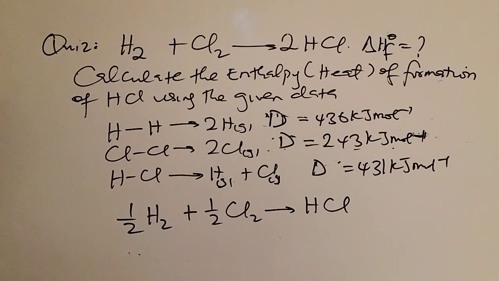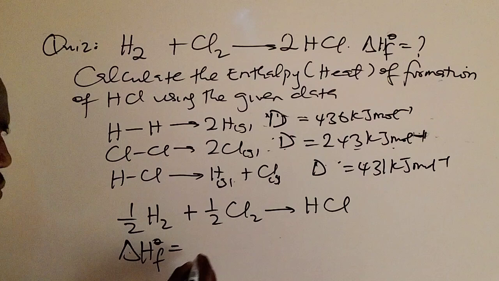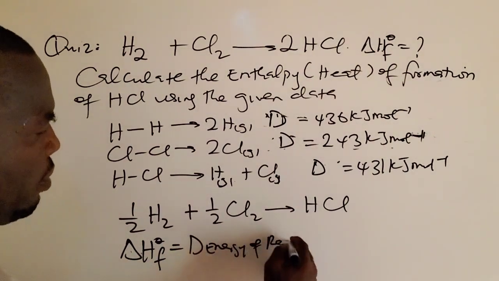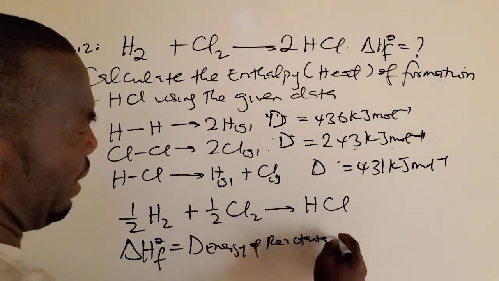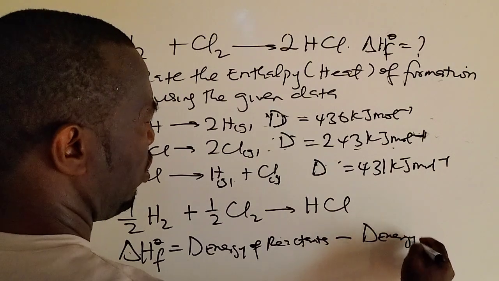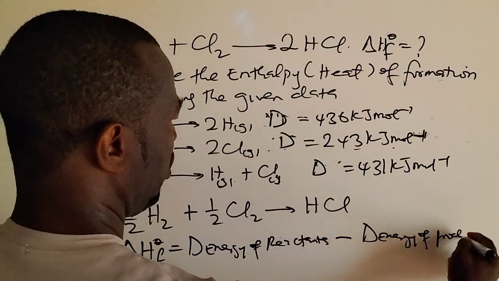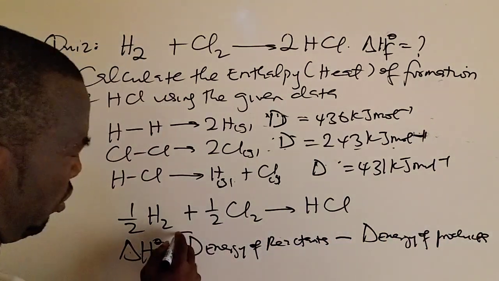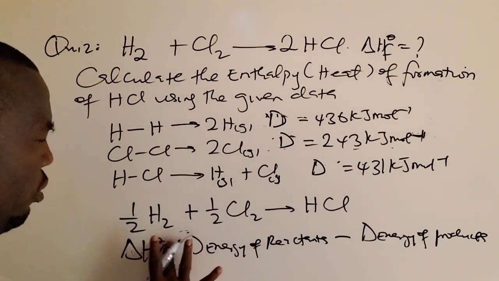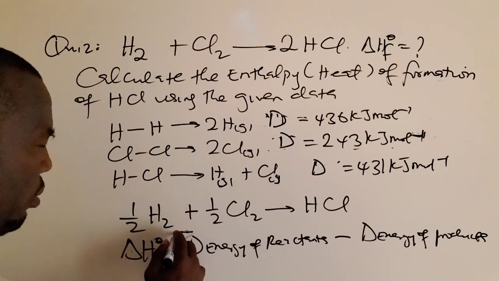The equation we need is: enthalpy of reaction or formation is given by the bond energy of reactants minus the bond energy of products. I can say summation. This symbol means summation, just like epsilon.